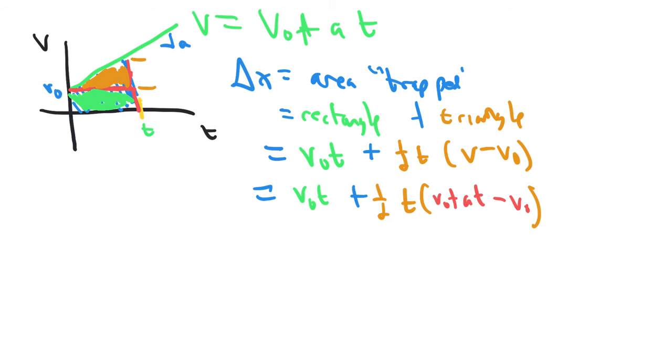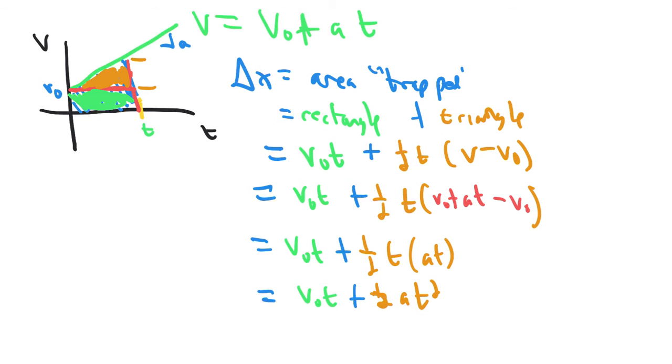So we get V0T plus 1/2 T times AT, which is V0T plus 1/2 AT squared.